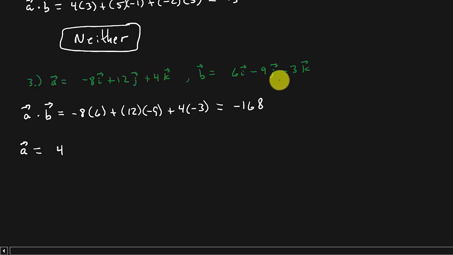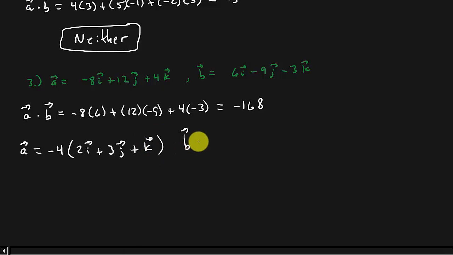But notice over here in this problem how there's a negative in front of the i, and see how the signs are opposite? So instead of factoring out a 4, how about I factor out a -4 so I'll have the same signs as this one does. When I do that, that's going to leave me with 2i plus 3j plus k.